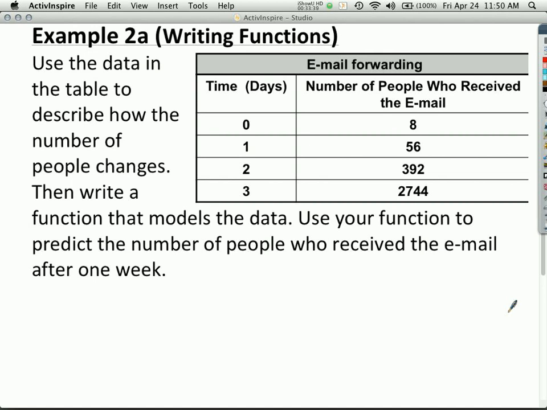Then use the function. 3 things we're going to do. Figure out which type of model will work. Then write the function. Then use the function. So go ahead and get the data down quickly.